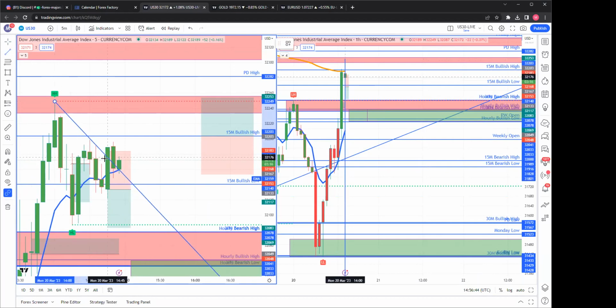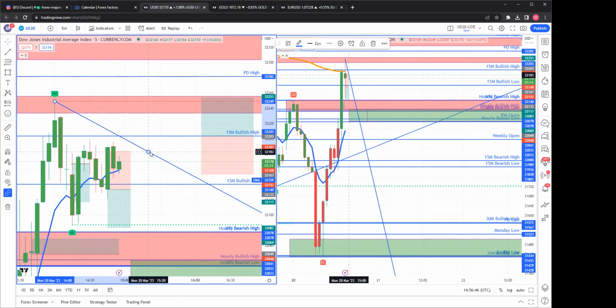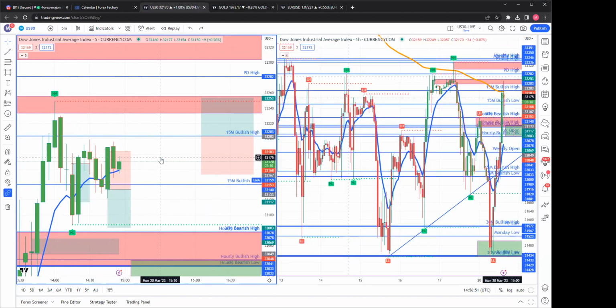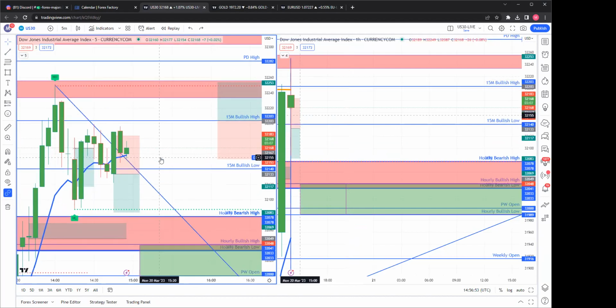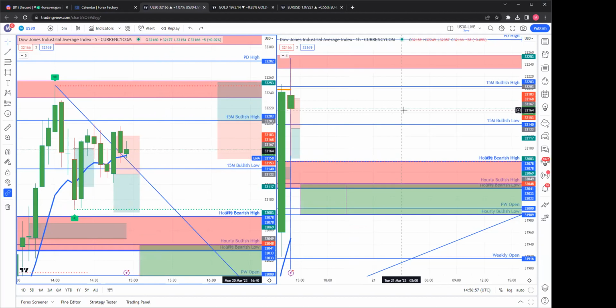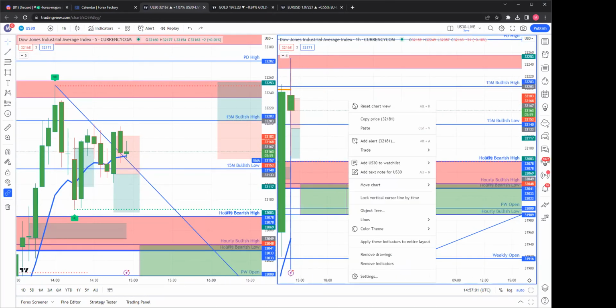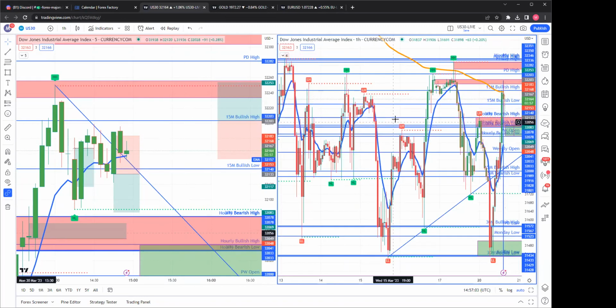I think that was it, right? Give me a second. There it is. All right, so the 200 DMA here is reset chart.